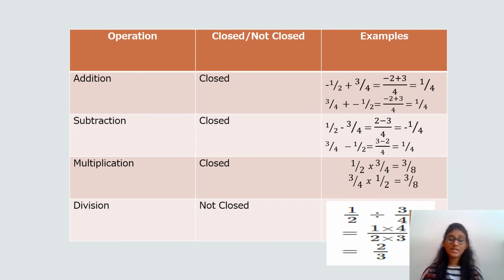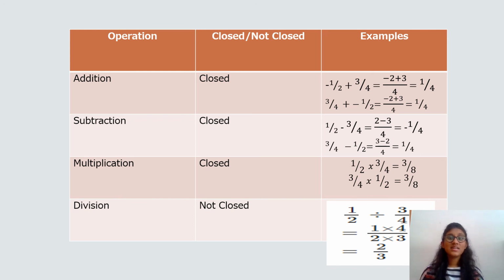For subtraction, let us look at the given example again. Though we get the negative value of the same number, they belong to the same set of rational numbers, so subtraction is closed. For multiplication, we get the same answer however we jumble the factors, so multiplication is closed. Now let us come to division.